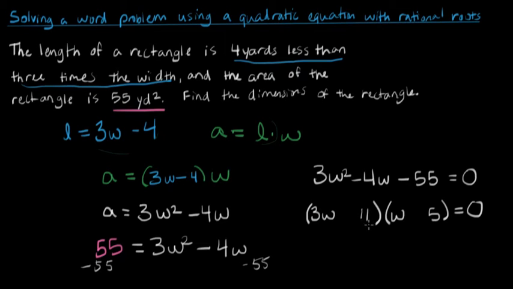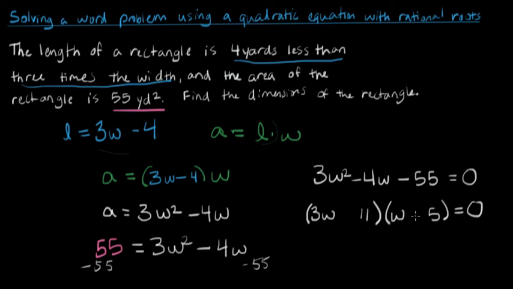So let's think about what we have here though. Inside here would give me 11w, and the outside here would give me 15w. Now, I know from this that one of them should be positive and one of them should be negative, and that actually seems like it'll work because 15 minus 11 is 4. So now we just need to make sure that the 15 is negative and the 11 is positive so that we get a negative 4.